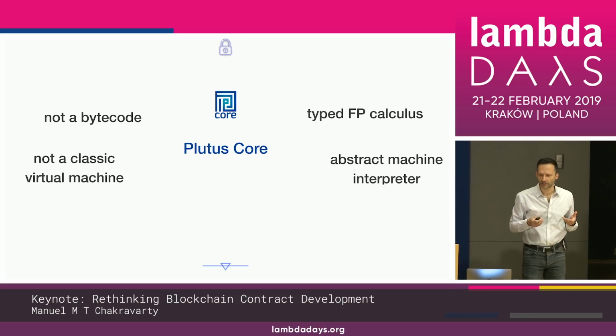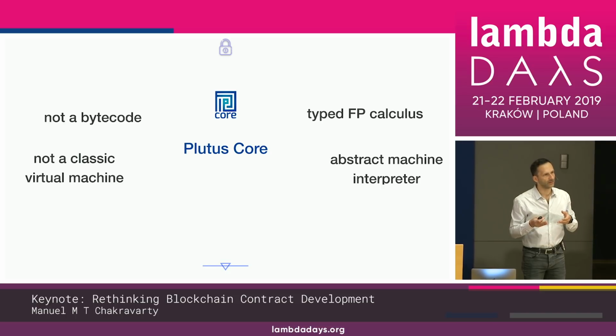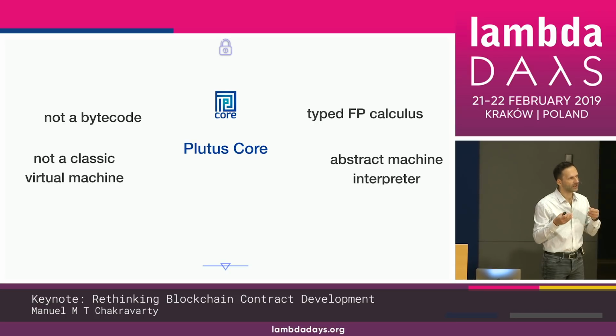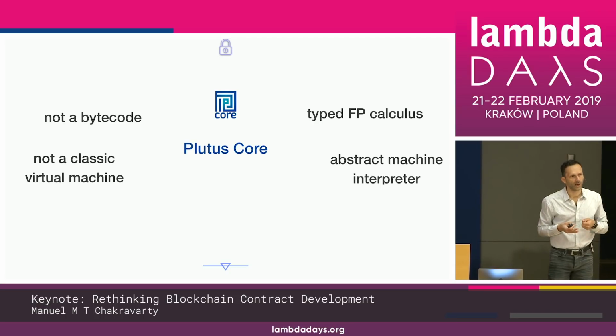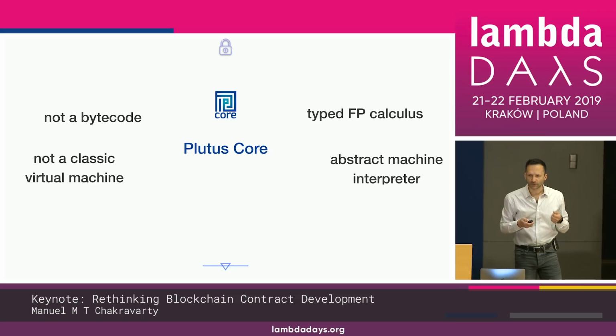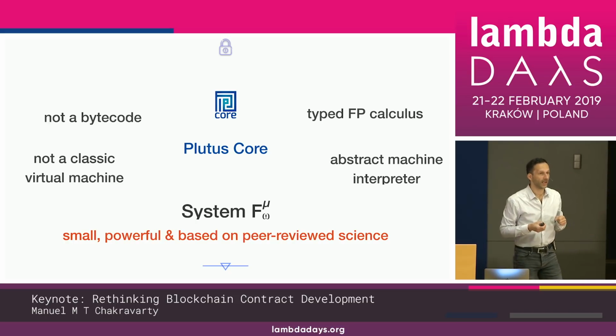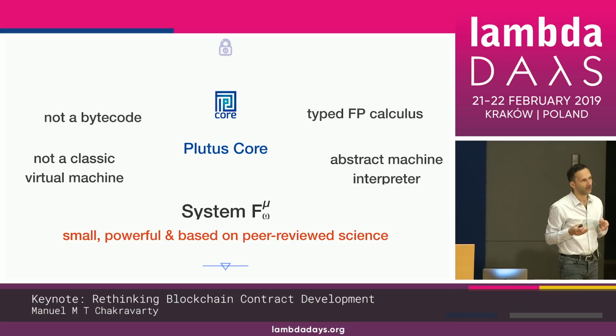So what we are using instead is an abstract machine in the sense of programming language theory, of which we know what its behavior is. Specifically, for the representation of code on the Cardano transactions, we are using a system called System F omega with recursive types.